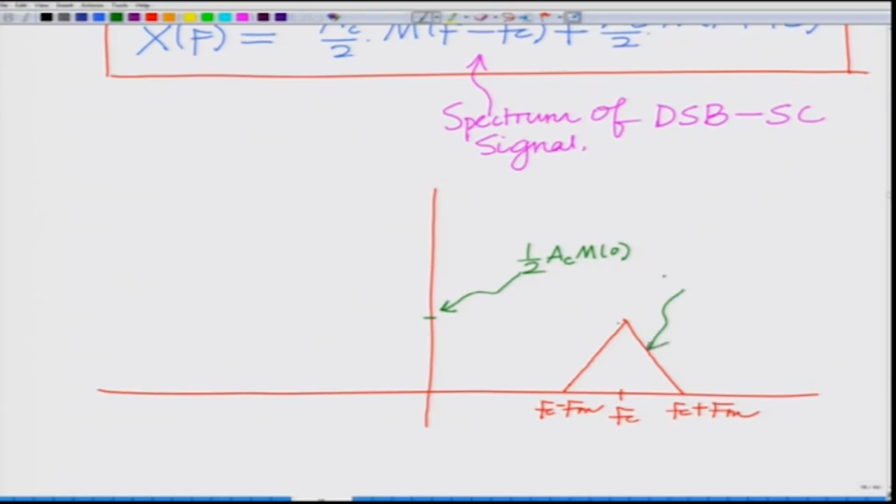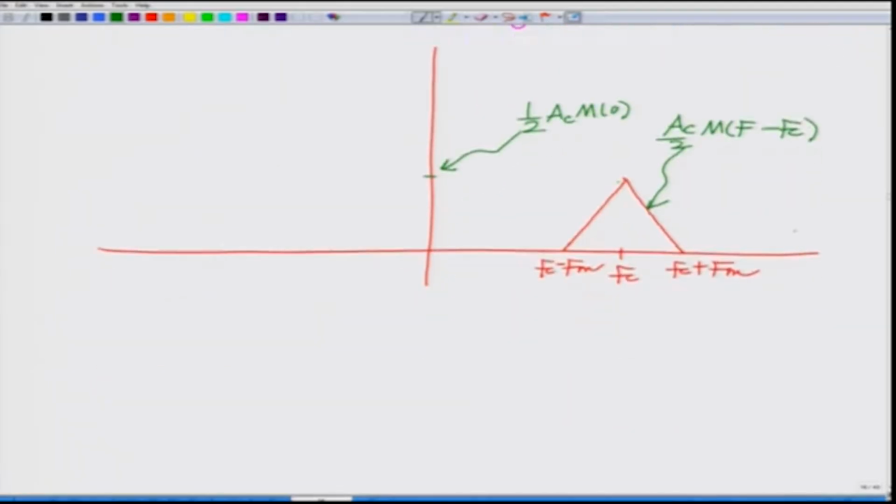This is basically your Ac by 2 M(f minus fc). Correspondingly, on the negative frequency axis, we will have an image of this, at minus fc, from minus fc minus fm to minus fc plus fm.